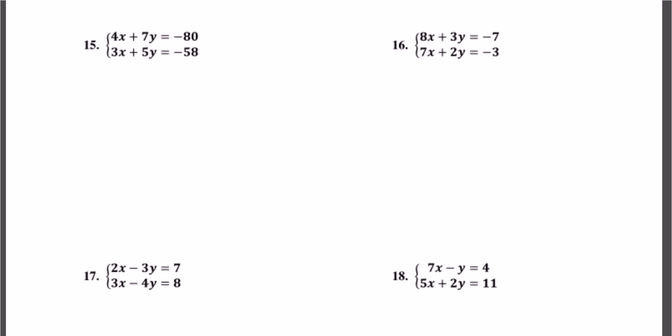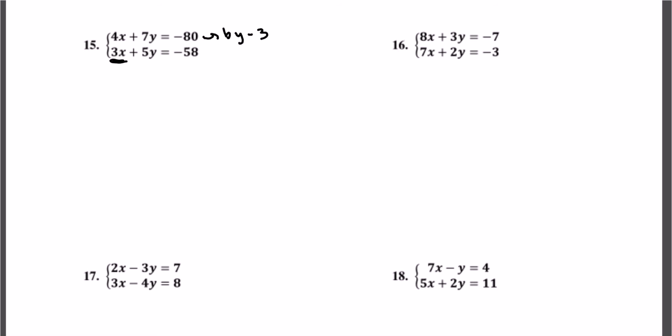Alright, 15, the exact same concept. I am going to get rid of the x's. You can get rid of the y's too. You can multiply the top by 5 and the bottom by negative 7. I'm going to get rid of the x's just because in my mind they're a little bit smaller. So I'm going to multiply the top by negative 3.